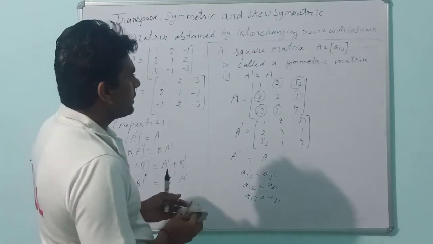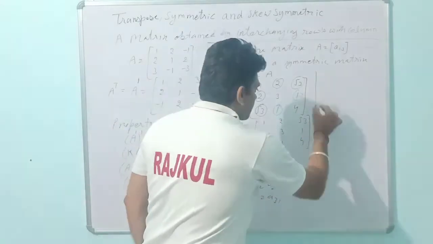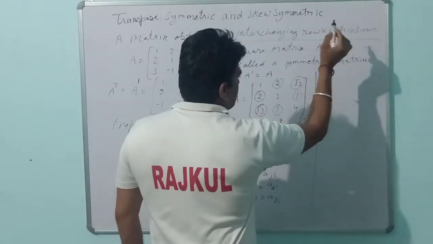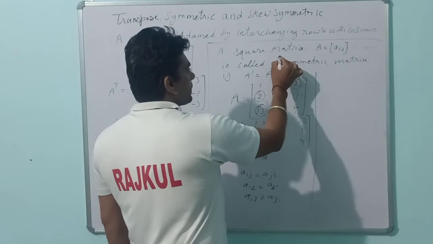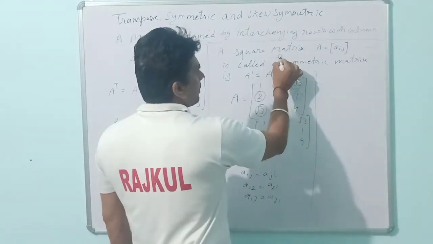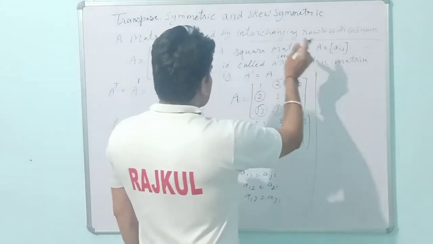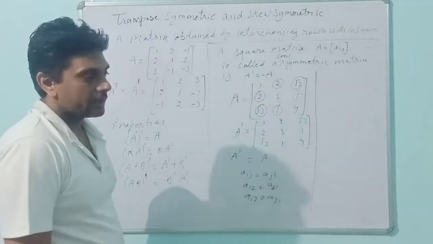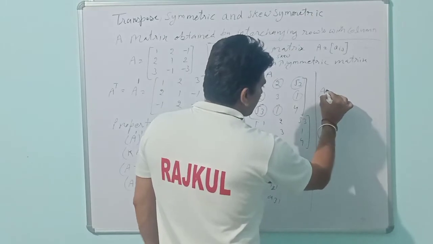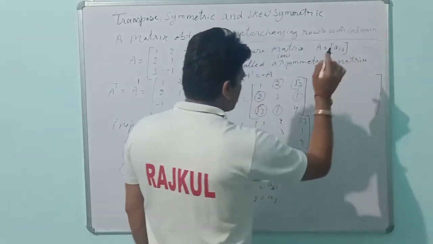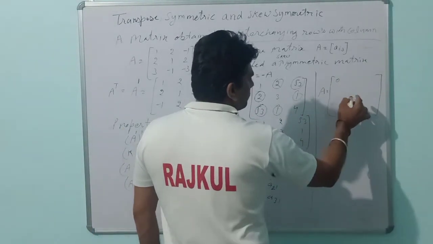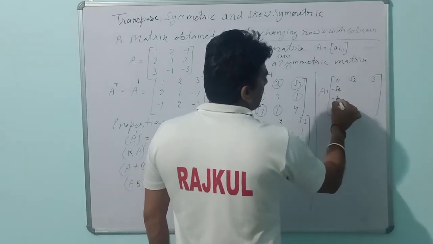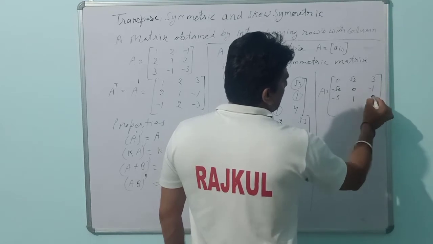Now, what is a skew symmetric matrix? A square matrix A equal to Aij is called skew symmetric matrix if A transpose is equal to minus A. Taking example of it, A is equal to 0 root 2 minus root 2, 3 minus 3 0, 1 minus 1 0.